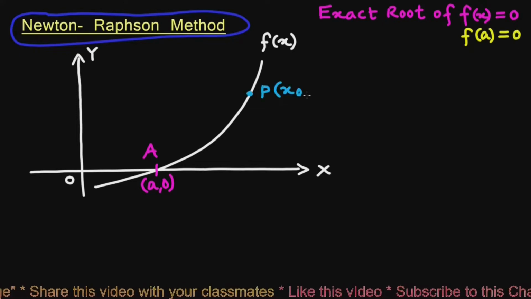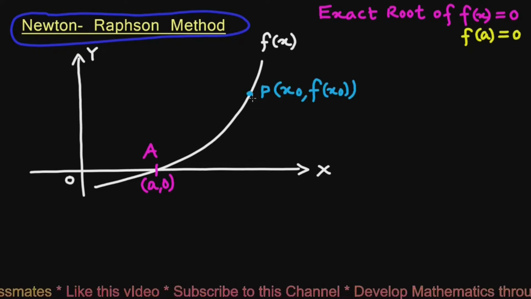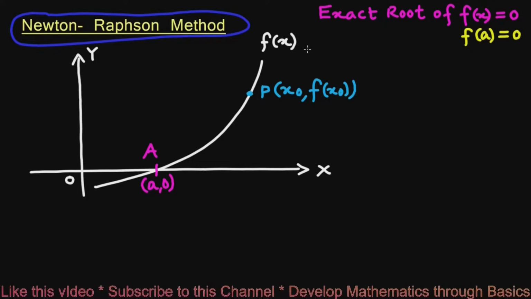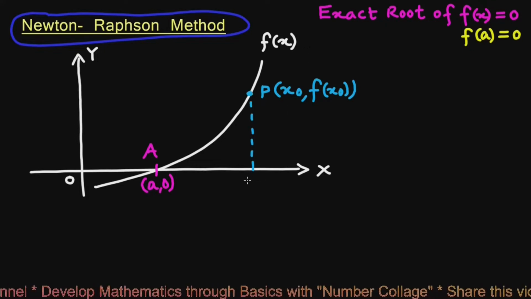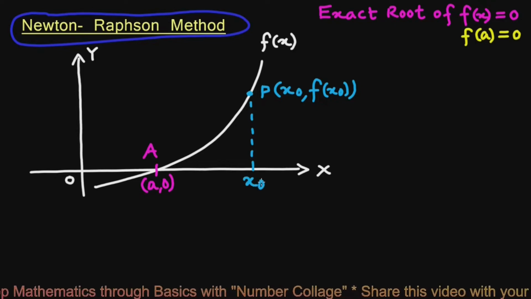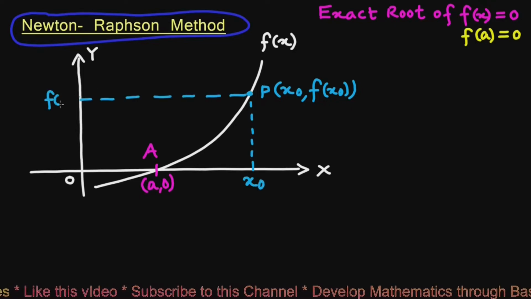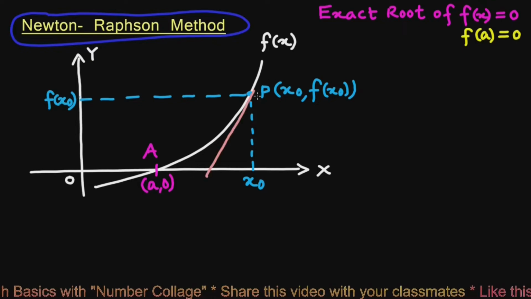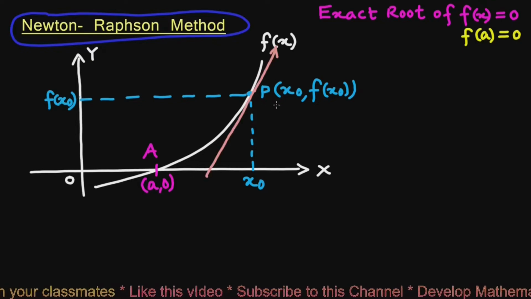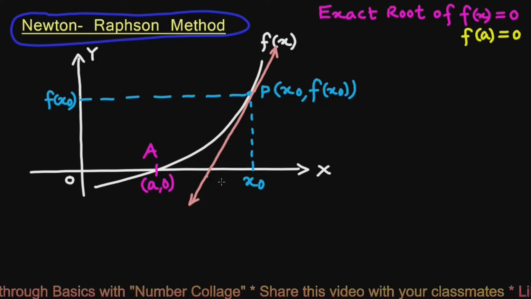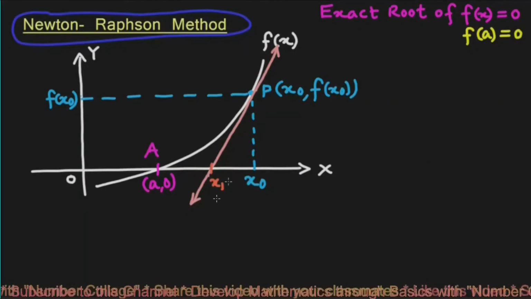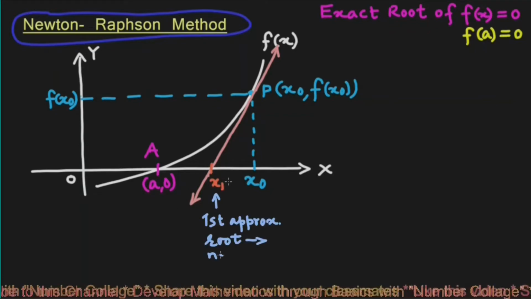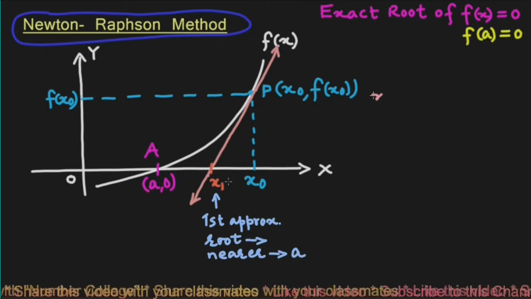Let P (x0, f of x0) be the point on the curve f(x) that will give the initial approximate root x0 and f x0 on the y-axis here. Let us draw a tangent to this curve at point P, which cuts the x-axis at point x1. Here x1 is the first approximate root which goes nearer to the exact root A.